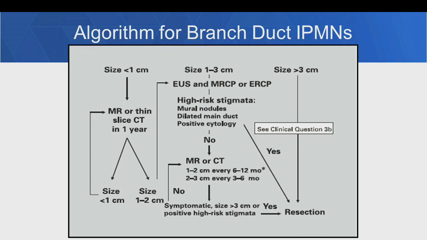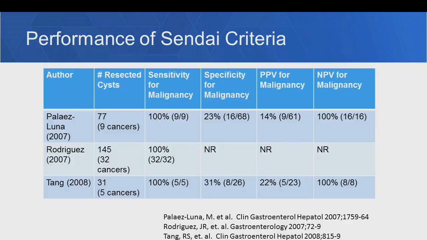Meanwhile, the clinician's consciousness of these cysts continued to grow. And several different groups, and this is just a very limited sampling, began to evaluate the performance of these guidelines. The general take-home was these guidelines were very sensitive for detecting cancer, but not very specific. So while it did improve standardization of practice, we were still operating on too many people who didn't need an operation.